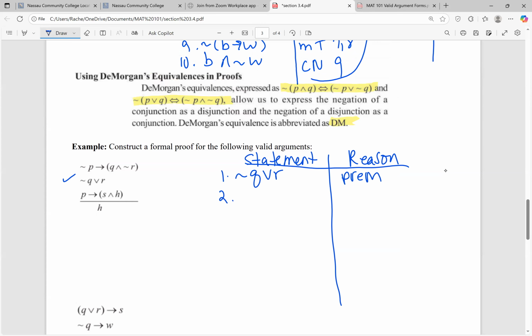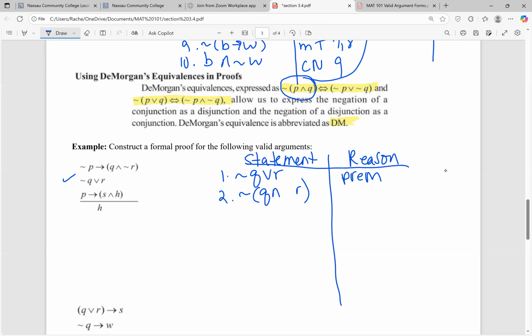Because De Morgan's, in order to get an or statement, we must have negated an and statement, right? So not P and Q is equivalent to not P or not Q. So then we must have negated Q and not R, right?